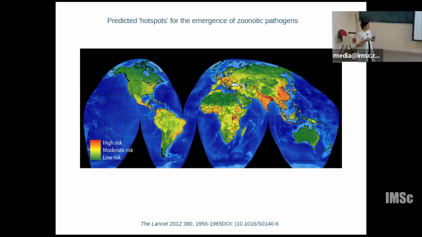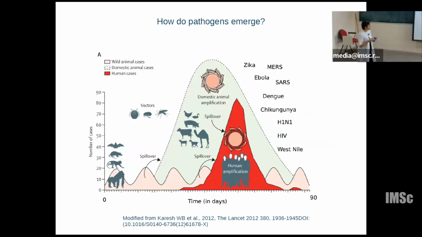So the spots that you see in red here, that's what it is based on. And you can see there are many regions of the world, both parts of Europe, Southeast Asia, as well as parts of South America and Central America, that are hotspots, or these are predicted hotspots. So diseases can emerge anywhere.